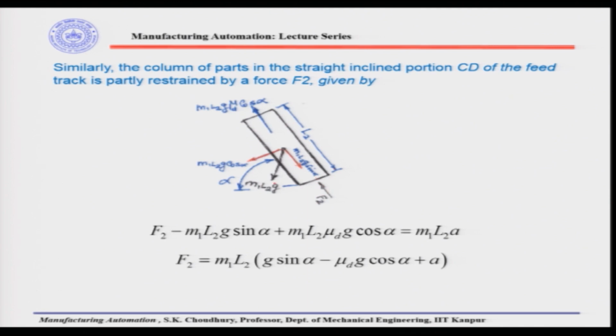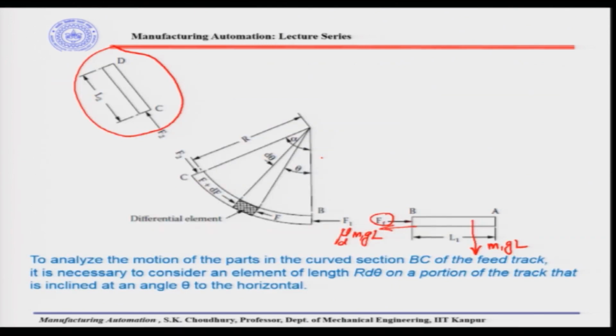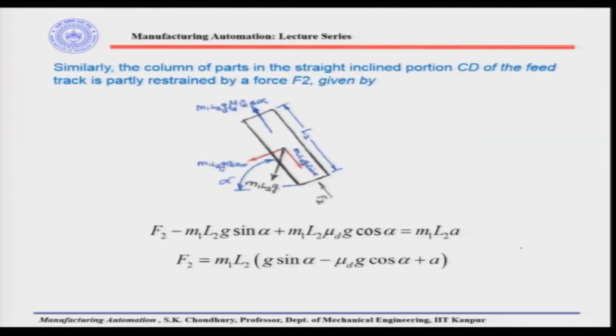Here it will be M1 L2 G, like it was for the straight portion. This force can be resolved into the component perpendicular to the axis of this sector and the component parallel to the axis of this sector.